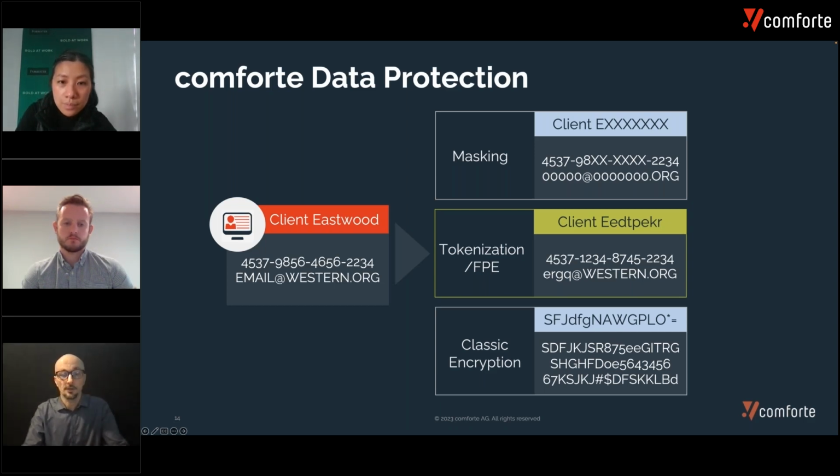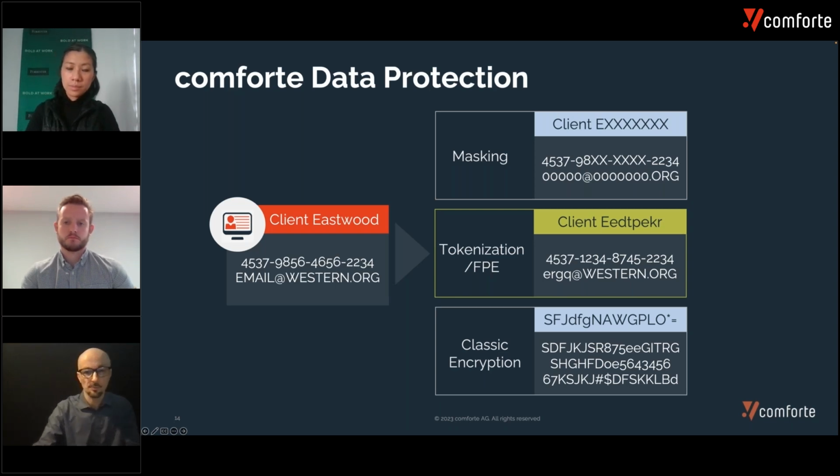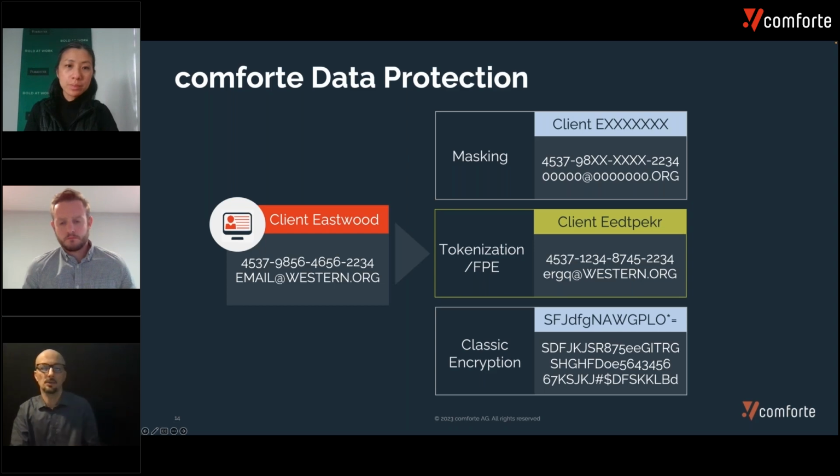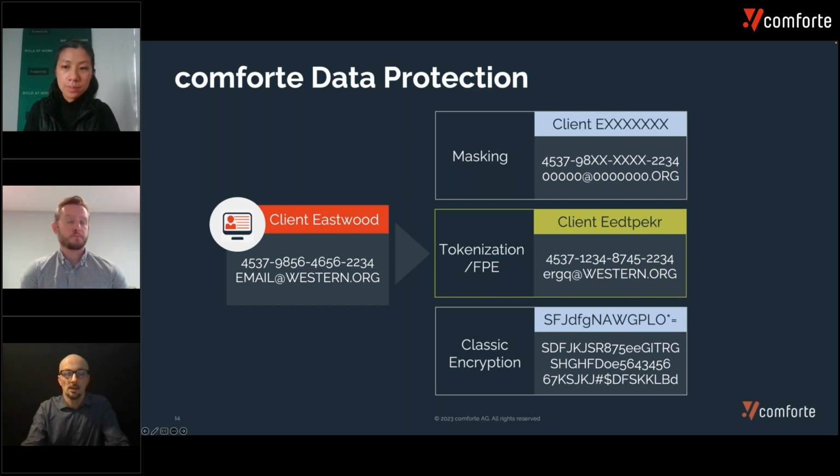On the right side, you see some of the protection methods we offer: masking, tokenization, classic encryption. You can easily configure how to handle the data. We are flexible here, as I mentioned, so you can fully protect or mask, or you can just partially protect it and leave specific characters in clear if that's required for a specific use case. We can also translate from one to another.